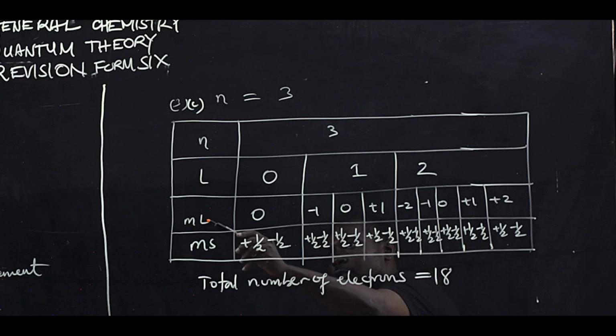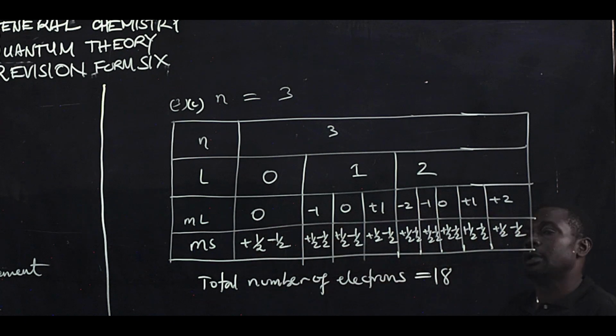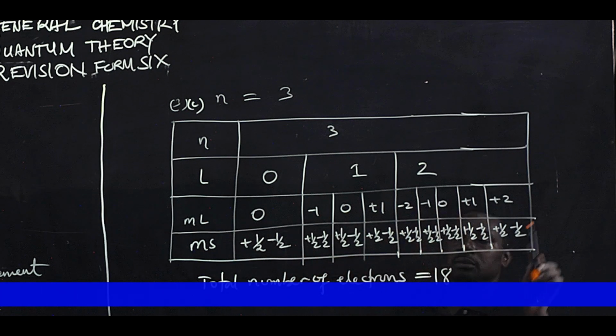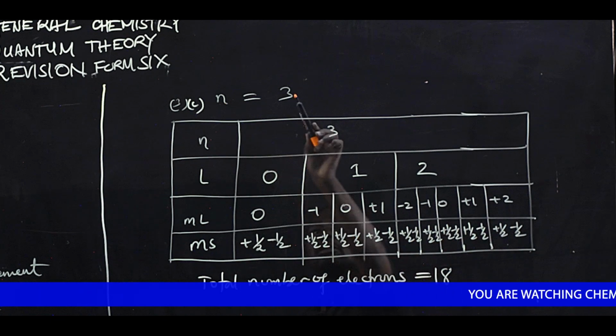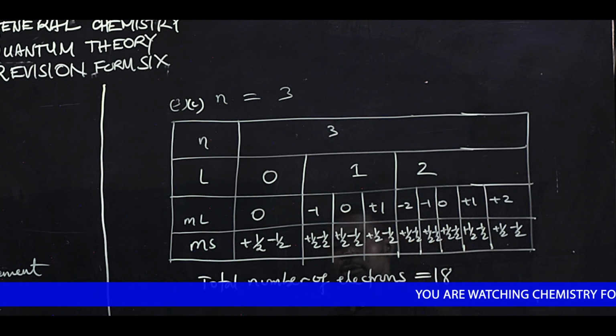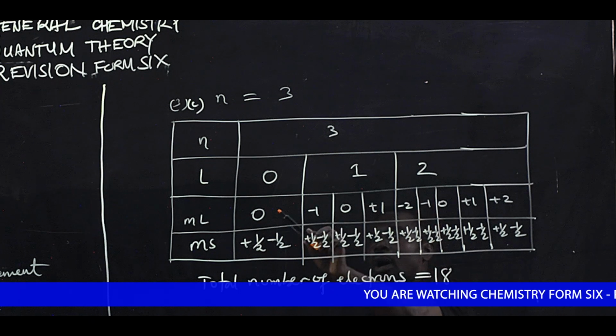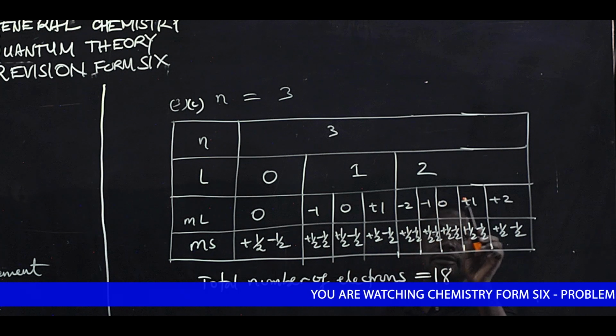And the values of m l for l equal to 2 range from negative 2 to positive 2, so they are negative 2, negative 1, 0, positive 1, and positive 2. m l indicates the total number of orbitals. So the total number of orbitals for n equal to 3 is 9: 1, 2, 3, 4, 5, 6, 7, 8, 9.